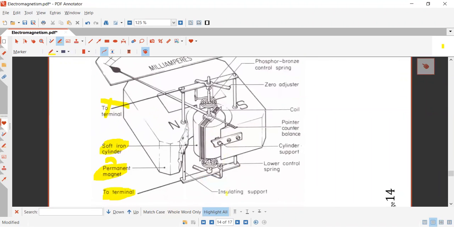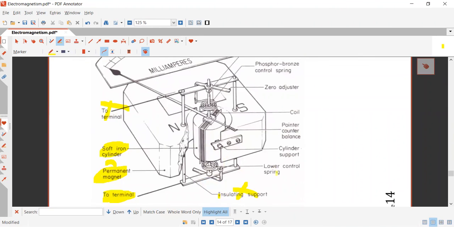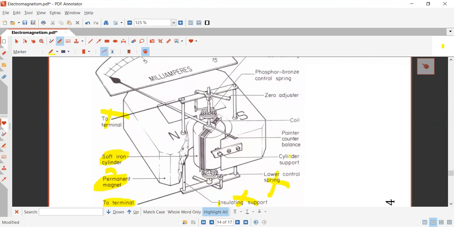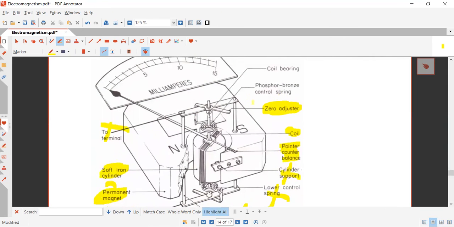Insulating support, forget about this. Lower control spring, cylinder support, forget about it. Pointer counterbalance, yes, this is important. The pointer is attached to the coil. Where is the coil? Here is the coil. A zero adjuster is basically used to apply the zero correction if there is some zero error in the ammeter or galvanometer.